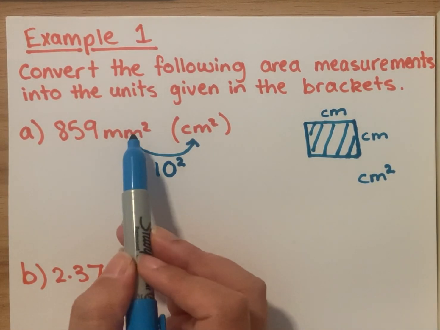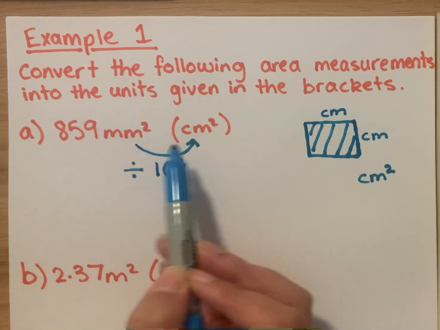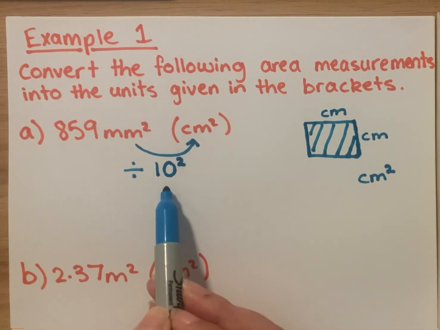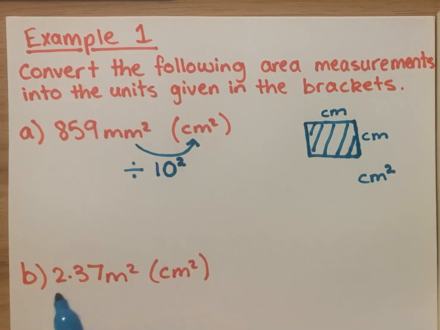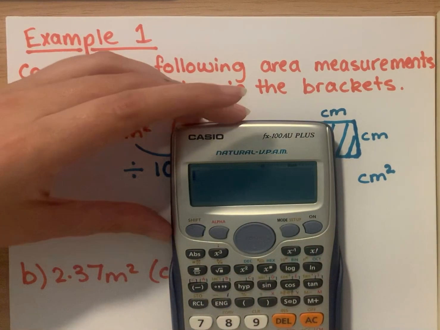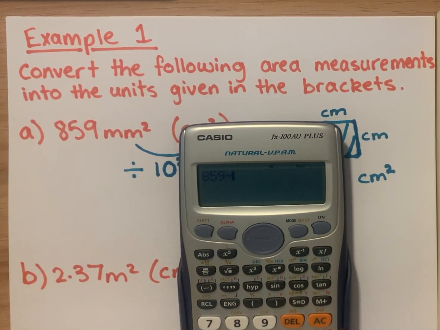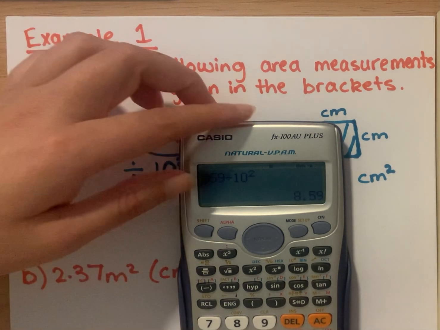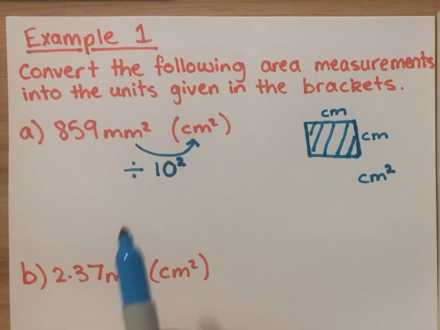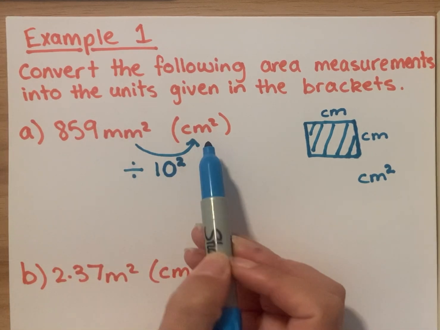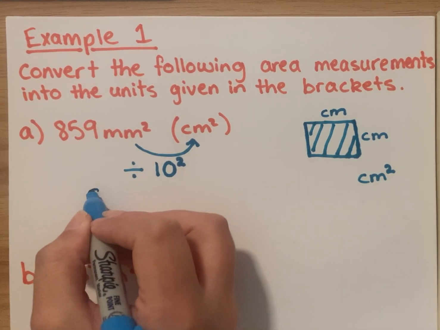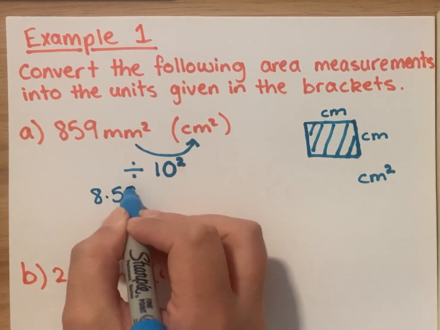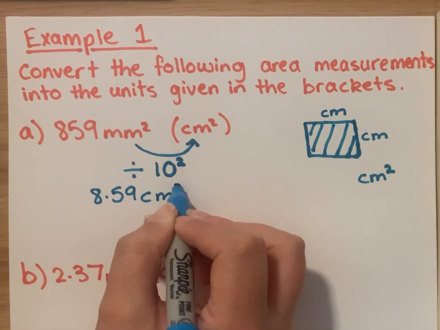But because we're converting from square millimeters to square centimeters, we divide by 10 squared. And it's that simple. So 859 divided by 10 squared is 8.59. So if we're converting this to square centimeters, it's going to be 8.59 square centimeters.